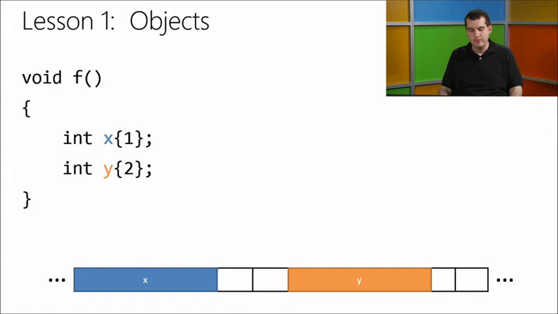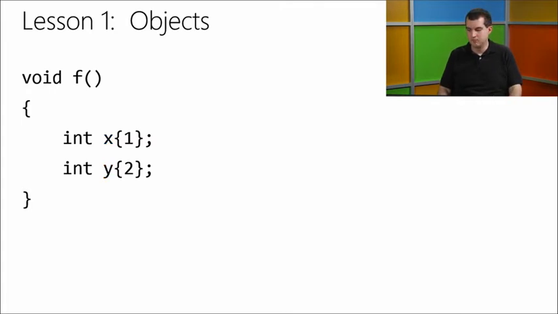What we're really saying when we declare a local variable is, hey, when this function f is called, I need you, compiler and computer, to please make sure that there's some space in memory to hold these. The actual mechanics of how that works you can find out in a good C++ book or another course. We won't go into too much detail there. The important thing is that they're here.